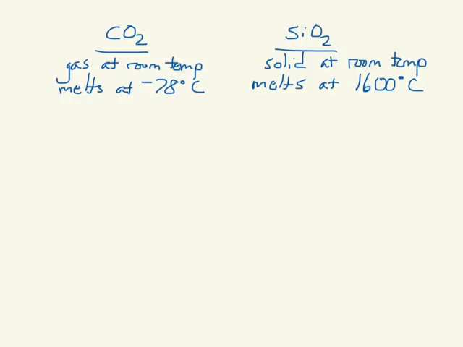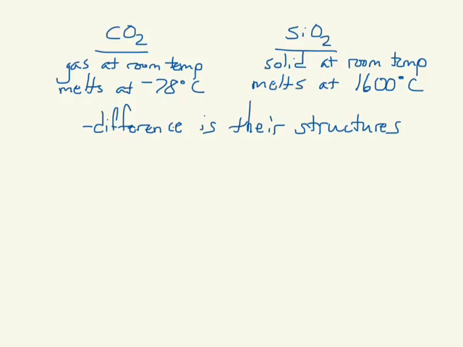This difference in property is explained by their structures. Silicon dioxide consists of tetrahedral silicon atoms.